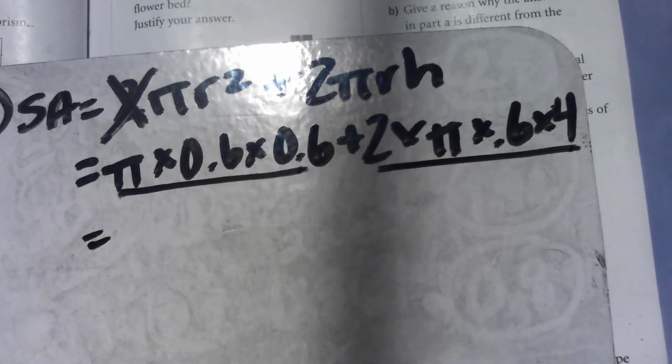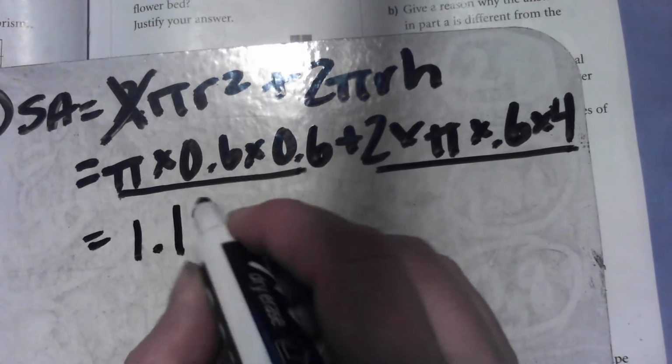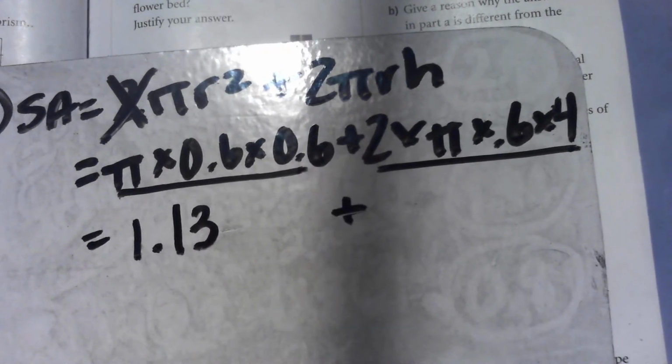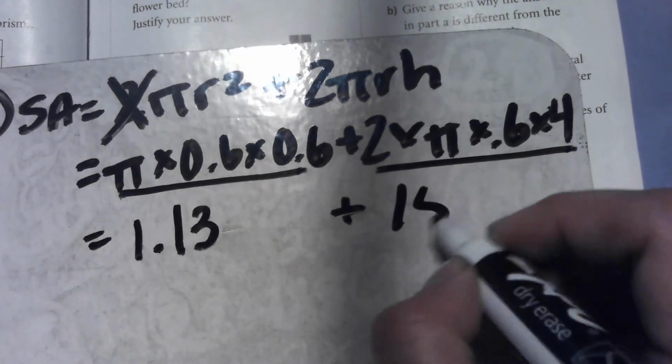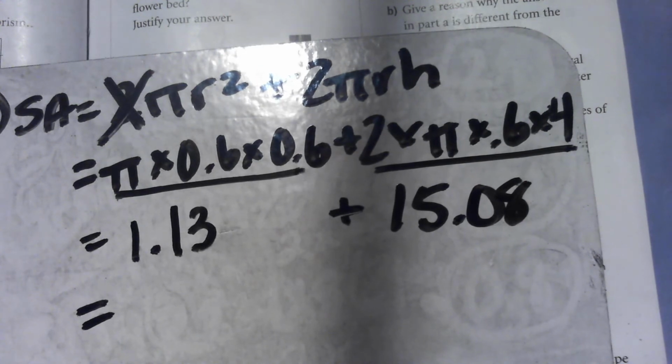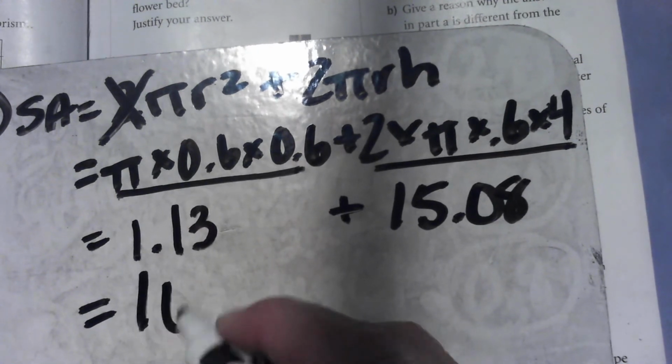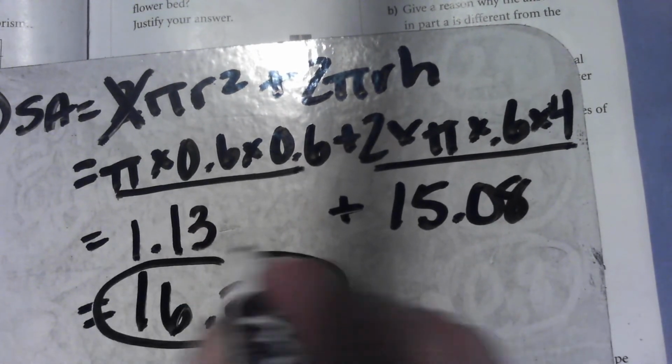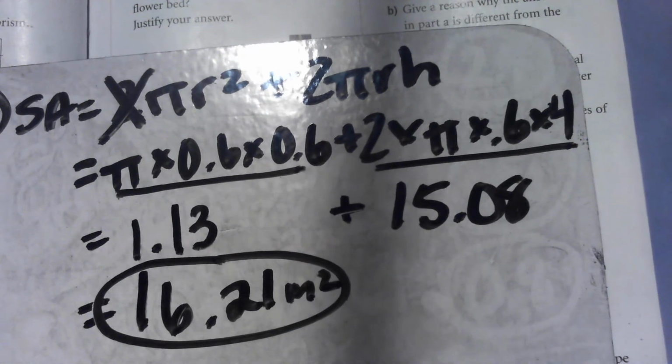So we've got pi multiplied by 0.6 and 0.6, which is the same as it was before, 1.13. And then we add 2 times pi times 0.6 times 4, and we get 15.08. And then we add those, 1.13, and we get 16.21. This would be meters squared.